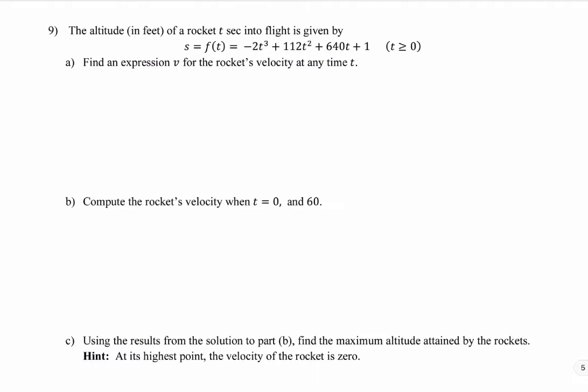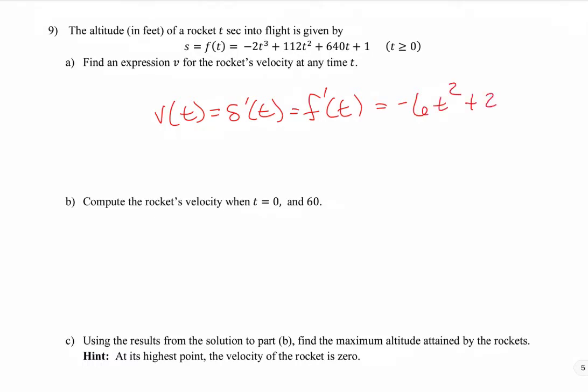So velocity is the derivative of the distance. So I need to find v of t, which equals s prime of t, which is f prime of t, which is negative 6t squared plus 224t plus 640.